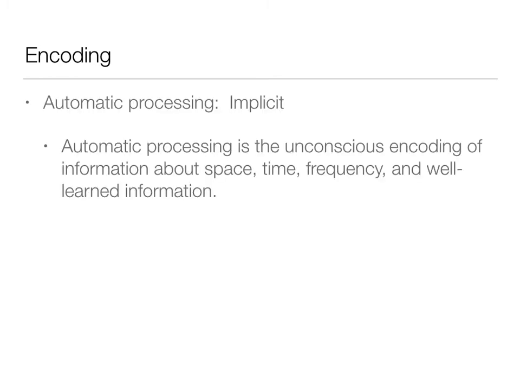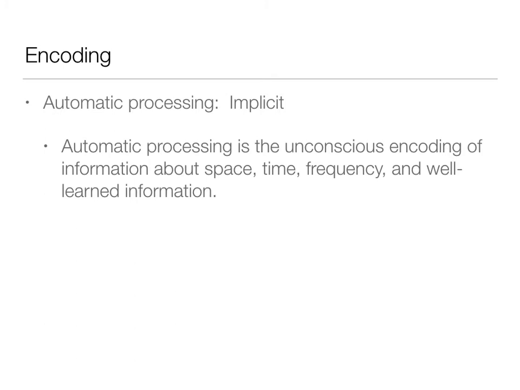So there are also other kinds of memories that we will talk about some more in class, but I want to briefly touch on them in terms of encoding. When we automatically process something, it goes into what we're going to call implicit memory. Implicit is when you know how to do something.